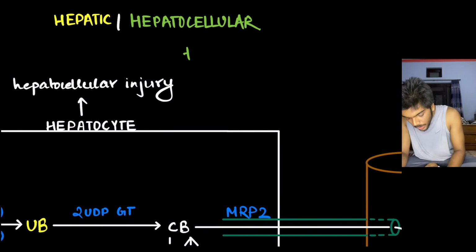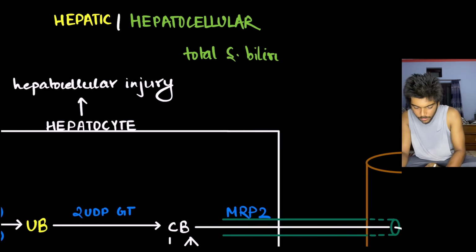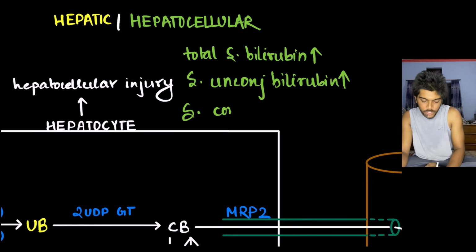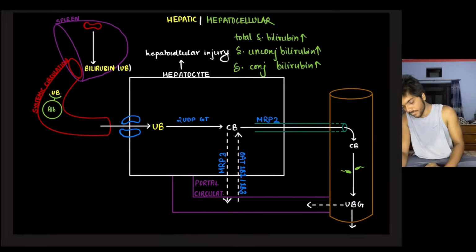So there is total serum bilirubin. There is a rise. Serum unconjugated bilirubin, also there is a rise. Serum conjugated bilirubin, also there is rise.